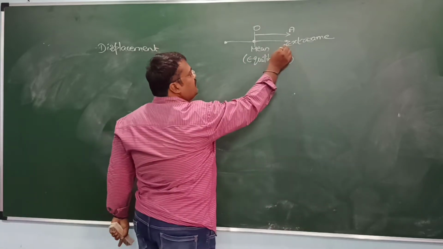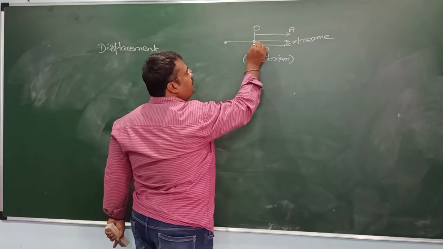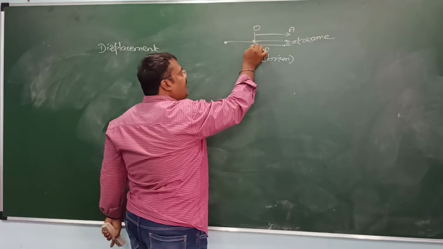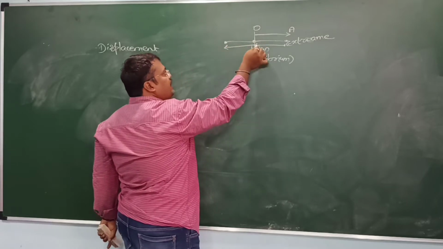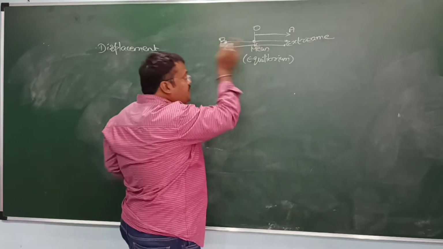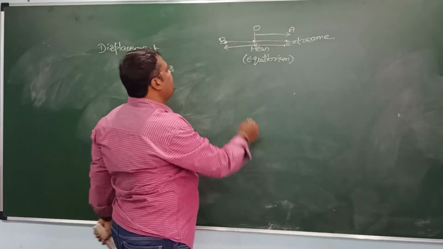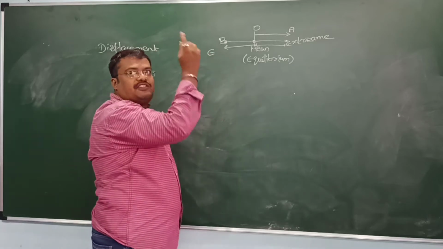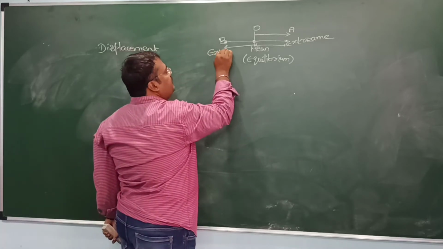Again the particle comes back from A position to O position, and again it displaces from O position to the opposite side of that position, that is B position, another extreme position.